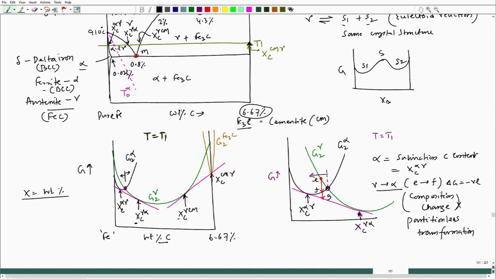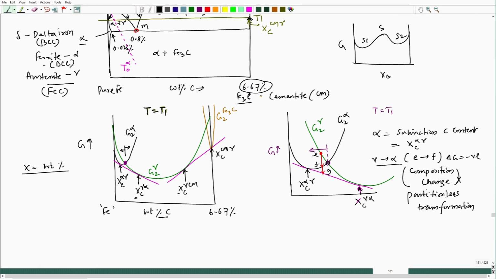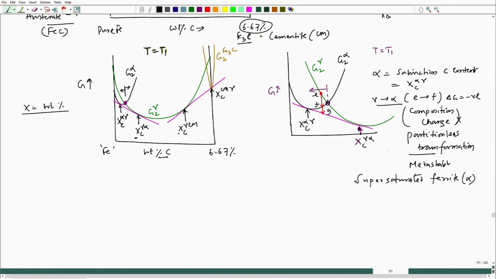Fine. It can still go down because this is actually a metastable supersaturated ferrite or alpha, a solid solution. It can further go down, that means F to G it can go.